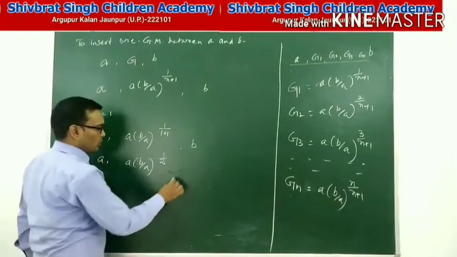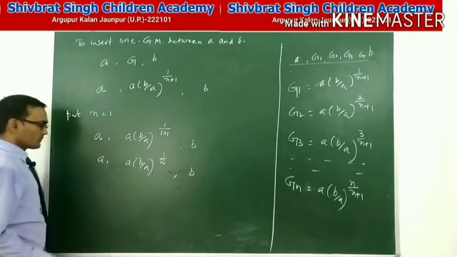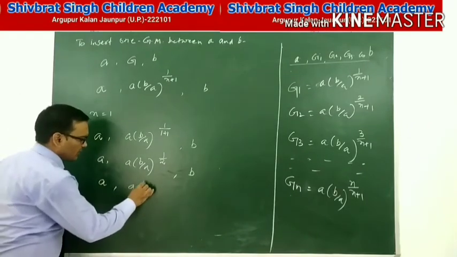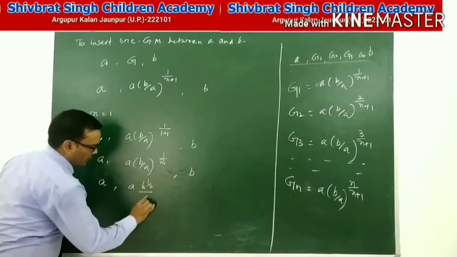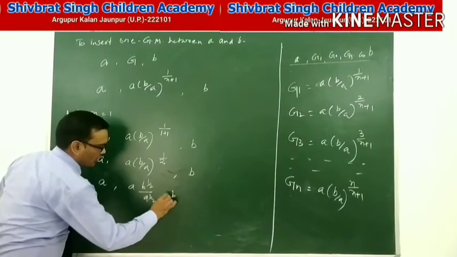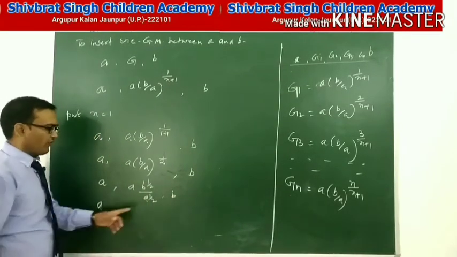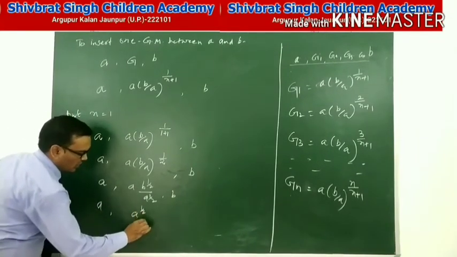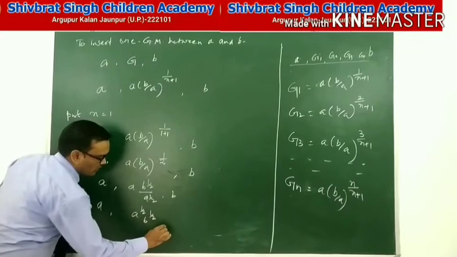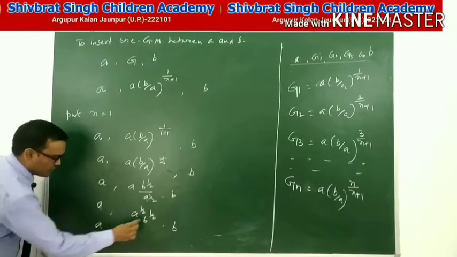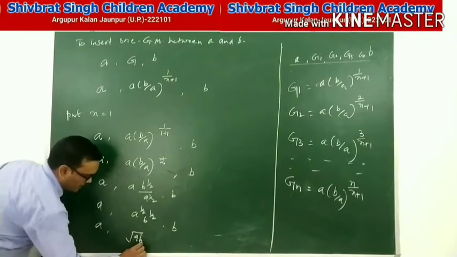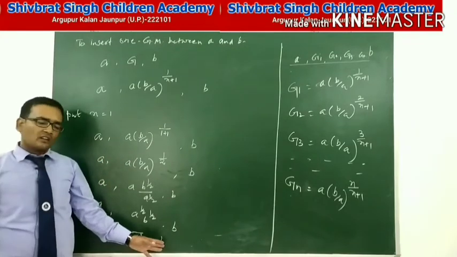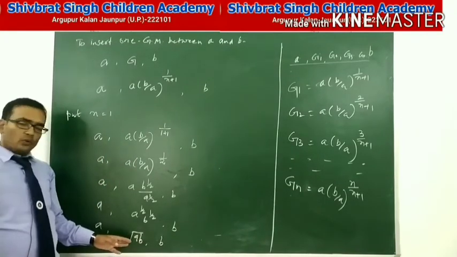That is a, a b to the power 1 by 2 upon a to the power 1 by 2, comma b. We simplify and get a to the power 1 by 2 and b to the power 1 by 2, which gives the square root of ab. Already we know that the geometric mean between a and b is the square root of ab.